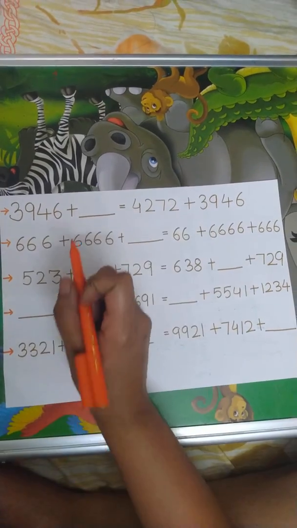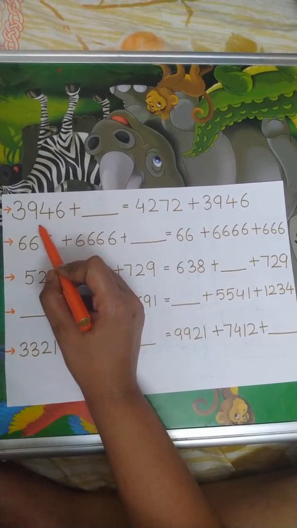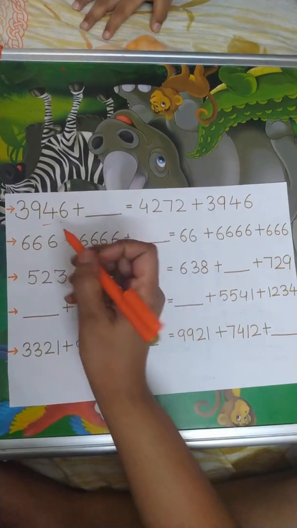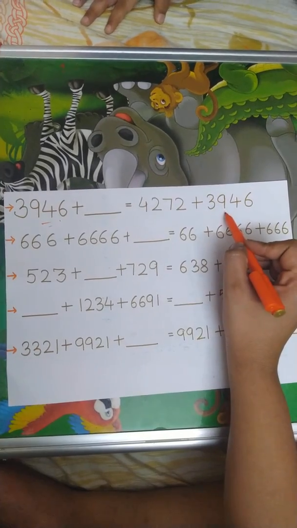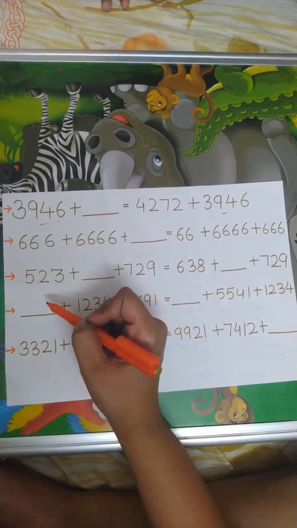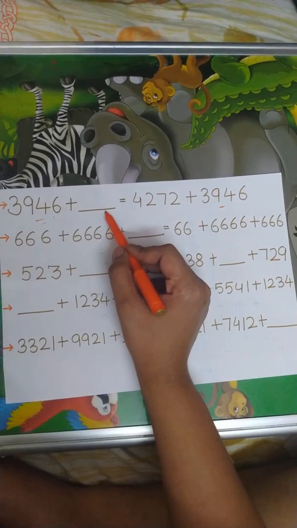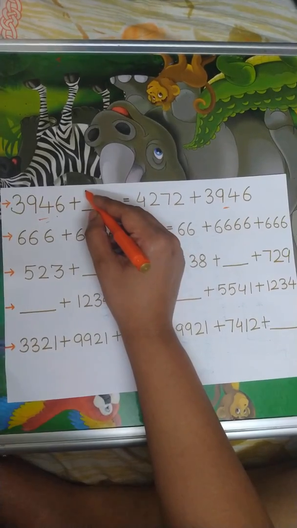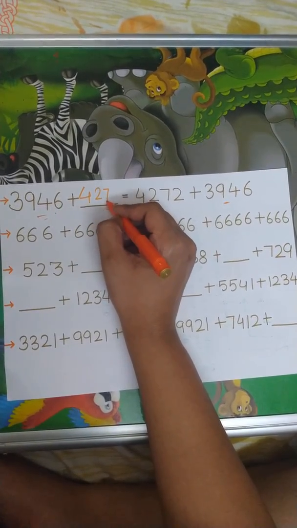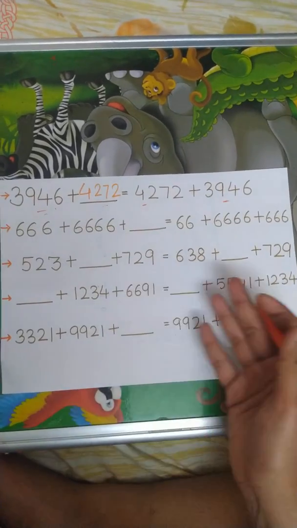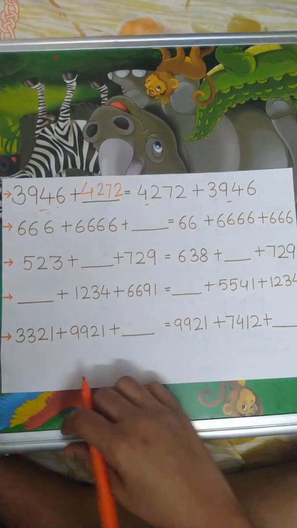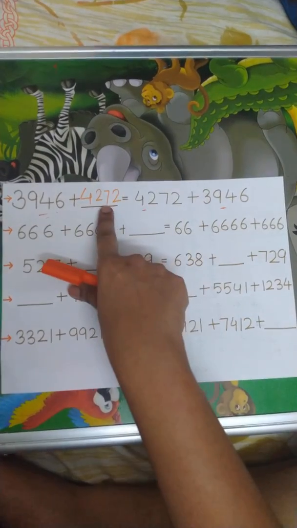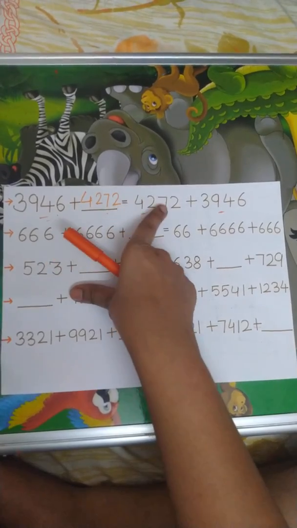You just have to see that one addend is over here on my left hand side and the right hand side, both should be equal. So one addend is here, the same addend is over here. So what is missing? Which addend is missing over here? This number. So I will just write down 4272. See, these are such easy sums. You just have to find out where my missing addend is, so that I can make left hand side and right hand side both equal.